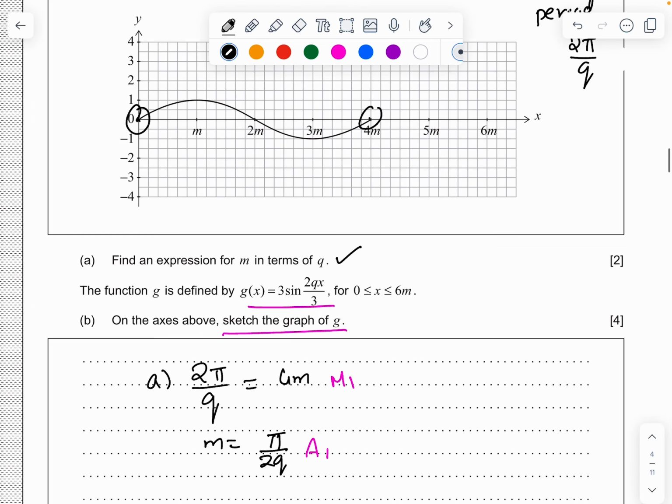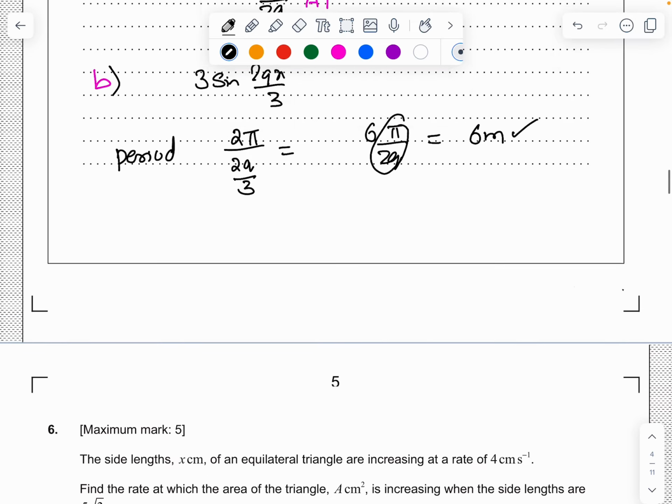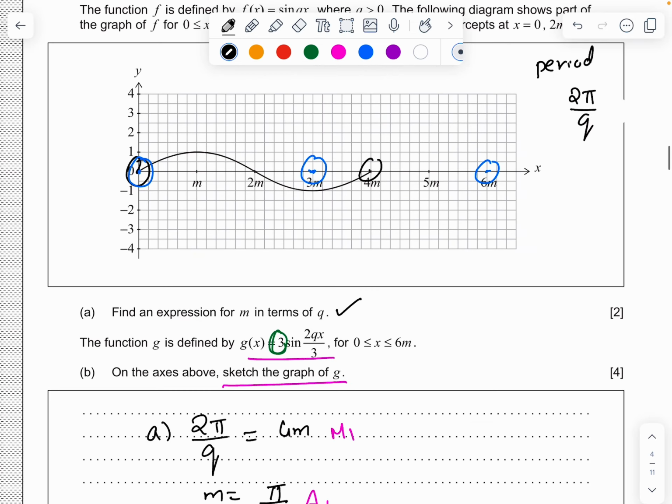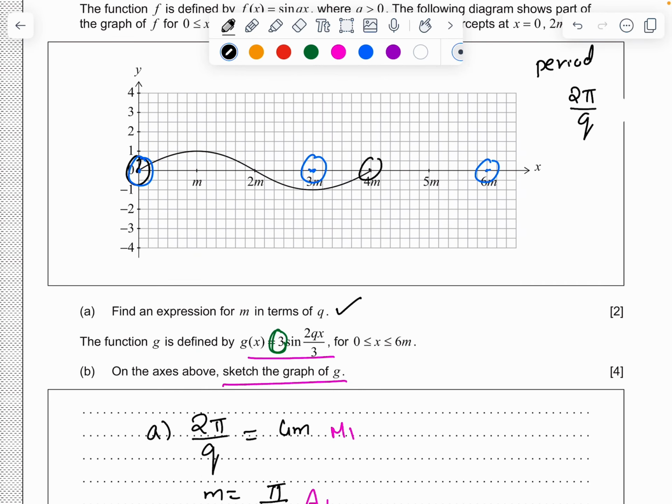So what does that mean? It should start at 0 and end at 6m. So the midpoint is going to be 3m. Its amplitude is going to be 3. So I will be using all those things and drawing on the graph itself. Amplitude is 3.